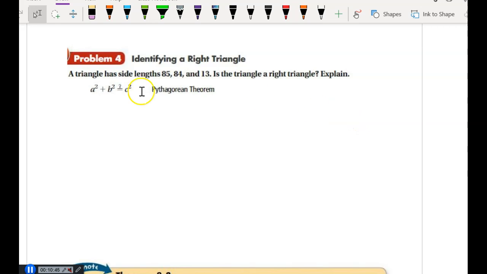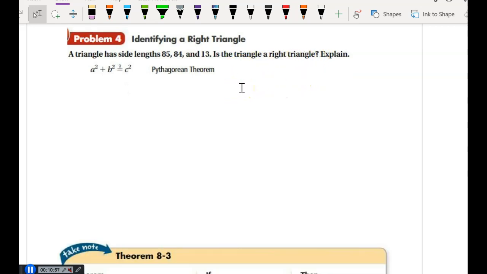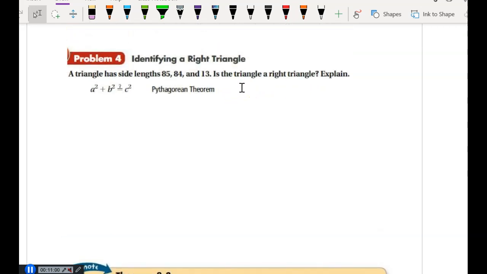Okay, let's see, can we determine if the triangle with sides 85, 84, and 13 is a right triangle? First, I'm going to have to use some of my prior knowledge so I know where to put these numbers.